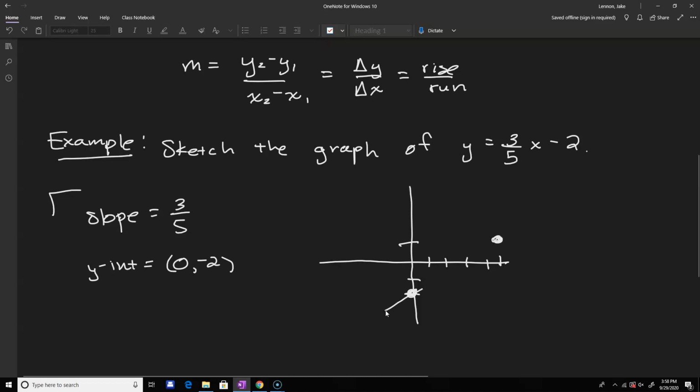That is a very fast way to sketch such a line. So we have the coordinates here (0, -2), and here we have (5, 1). Notice if you plug 5 in for x and 1 in for y, you'll get something that's true: 1 equals 1. I'll leave that for you to check.